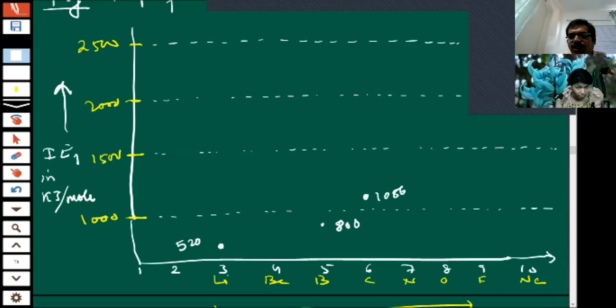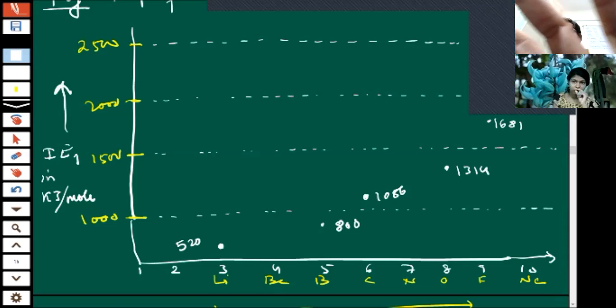And for oxygen it is 1314. And for fluorine 1681.